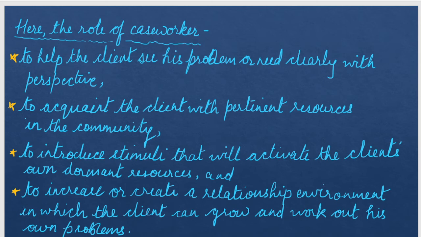Last but not the least, the important role of the caseworker is to create a relationship environment in which the client is able to grow and he is able to work out his own problems.